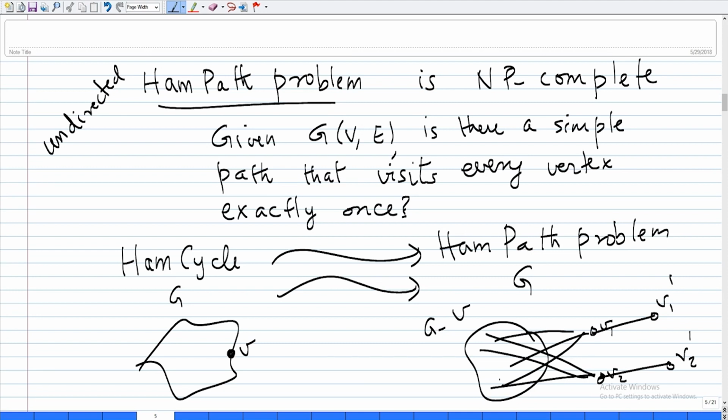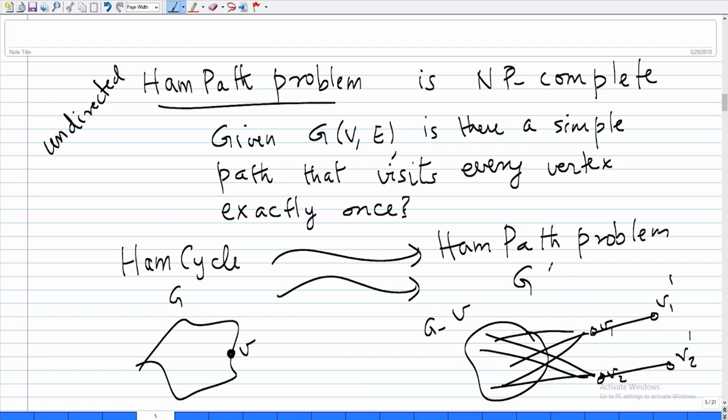Okay, is my G prime clear? G prime: I take G, I delete one vertex, make 2 copies of that, add these pendant vertices, and whatever V was adjacent to, V1 and V2 will be adjacent to that.